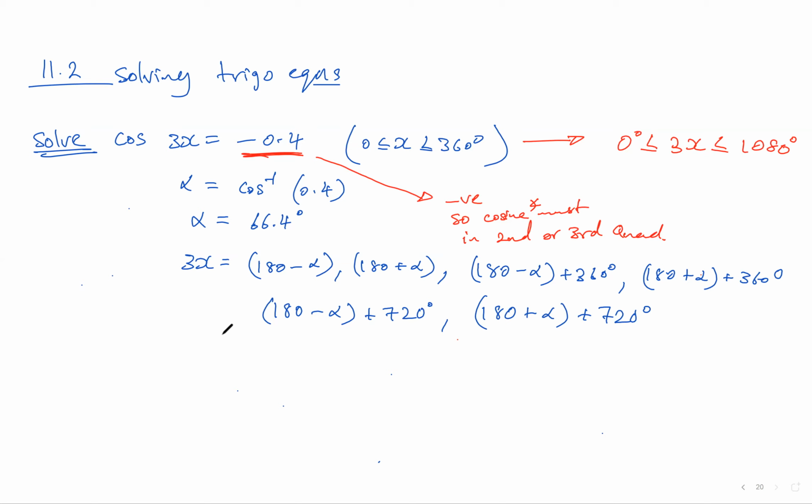Okay, then the next thing is because the ratio is negative, cosine must be in the second or third quadrant. Okay, and why am I doing this? Anyone can tell me why? Plus 360, plus 720, what am I doing here? Just adding more cycles.